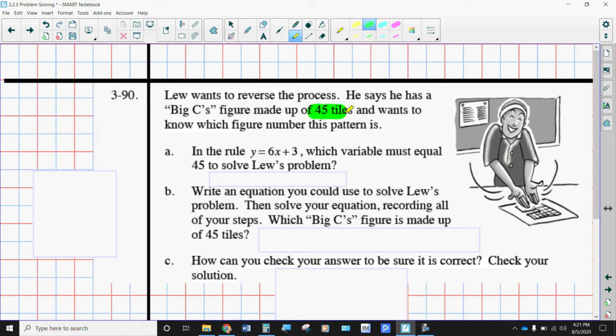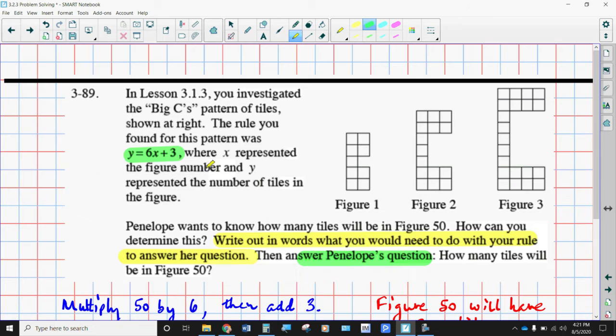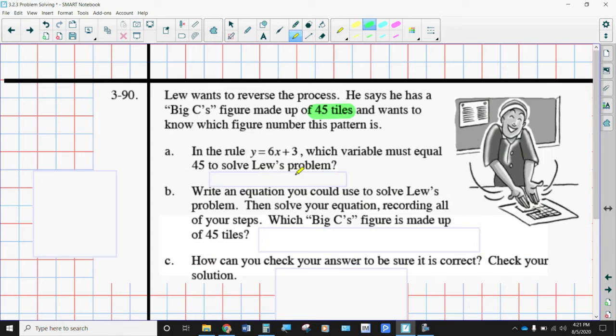This is the number of tiles, correct? And we said here that y would represent the number of tiles in the figure. So that means that we would plug in the 45 for the y variable, correct? Yeah, the y must be 45.